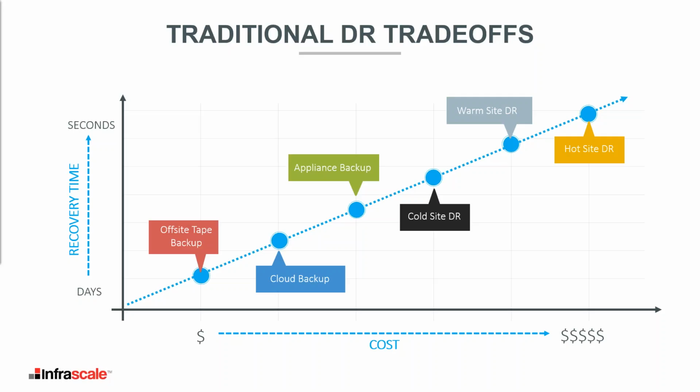So really what you want, you see in the top left here, enter DRaaS. This is DRaaS nirvana. What you really want is affordable on-demand failover. DRaaS is the best data protection paradigm that you can pursue with the fewest trade-offs. Not only do you have backup, but you have failover.